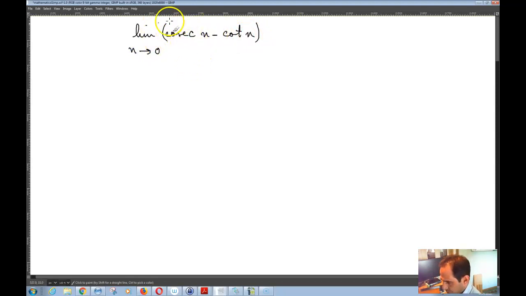So cosecant x is 1 by sine x, and sine 0 is equal to 0, so that's 1 divided by 0, and cot x is equal to cos x by sine x.